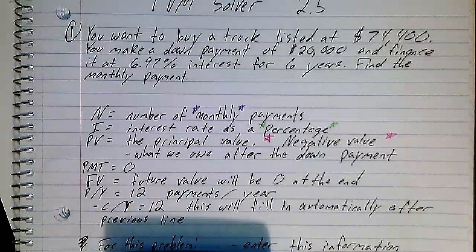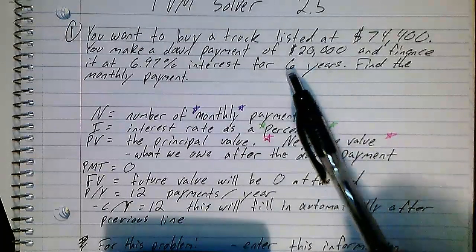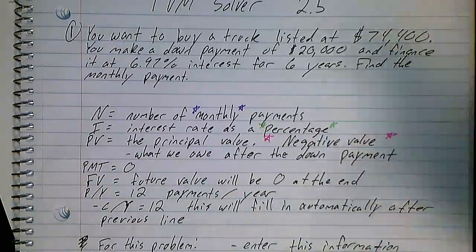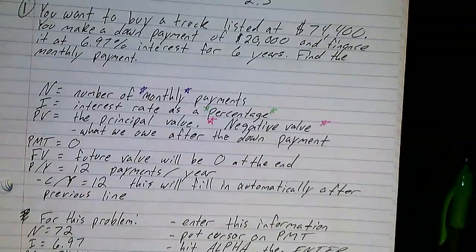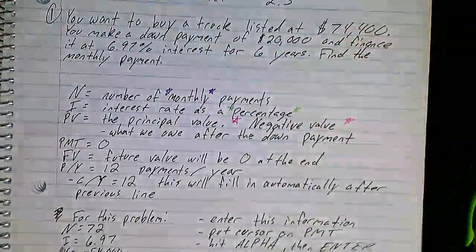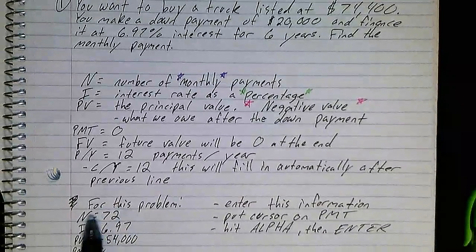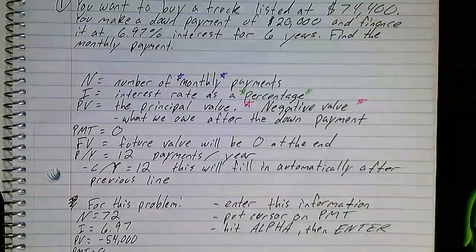Monthly is kind of starred there because it will often give it to you in terms of years, but we have to know that 6 years, multiply 6 times 12, and that will be our value for N. And this is what we're going to enter. N is 72, because N is the number of monthly payments.